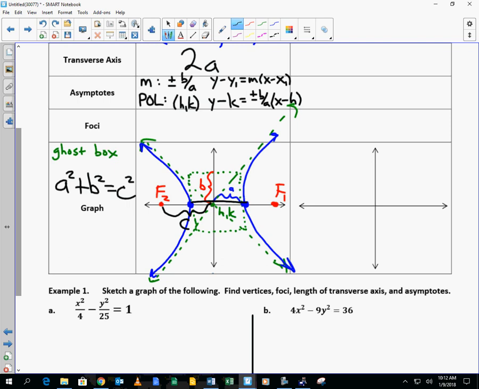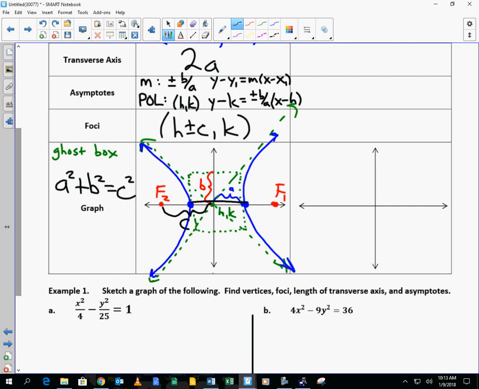It doesn't matter if a is bigger or smaller because they sum, and so you can't come up with a negative. It's confusing stuff, right? I get it. We're going to take some time to figure it out. All right, so c units from the center, is that going to change the h value or the k value? So it's going to be h plus or minus c, and then k will be the location of your foci.